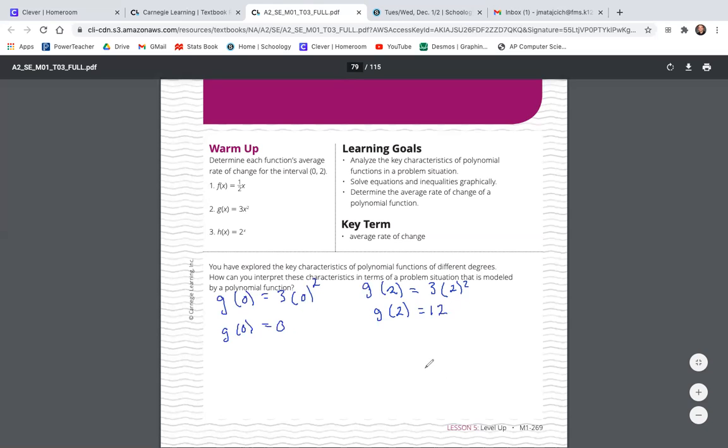So to get the average rate of change, it's the difference in these outputs, so the difference between 12 and 0, divided by the difference in the inputs, these things that I was plugging in.